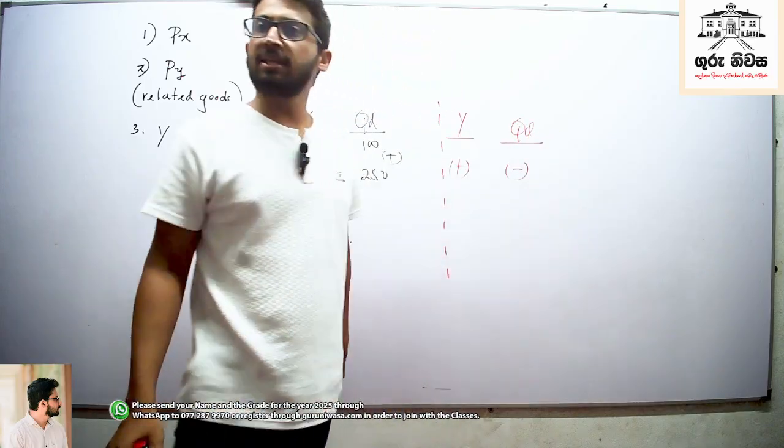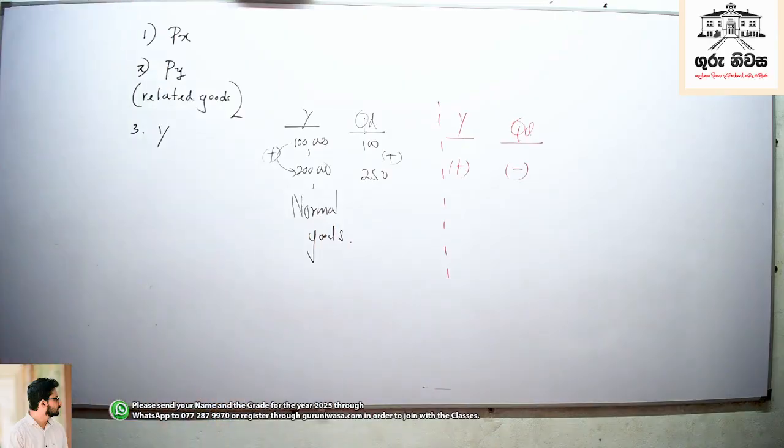Can you tell me one example, Dipna? A type of product where, when people are getting richer and richer, they don't care about this product. People try to move to another, like a luxury product. They don't care about this type of product when they become rich.